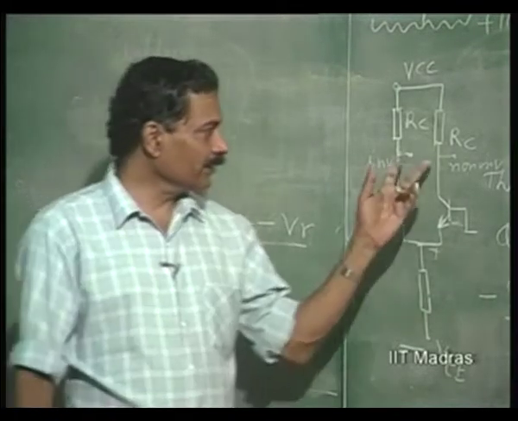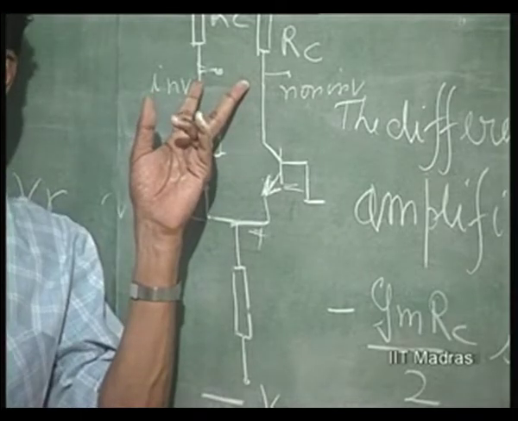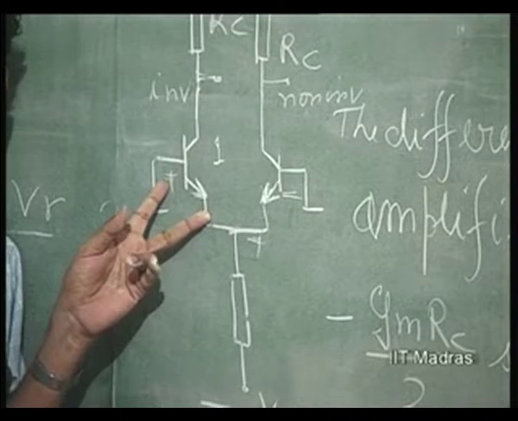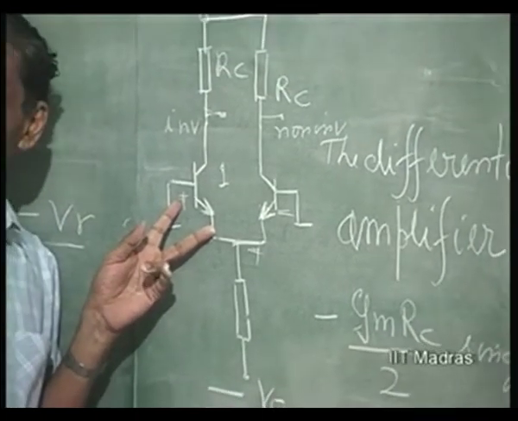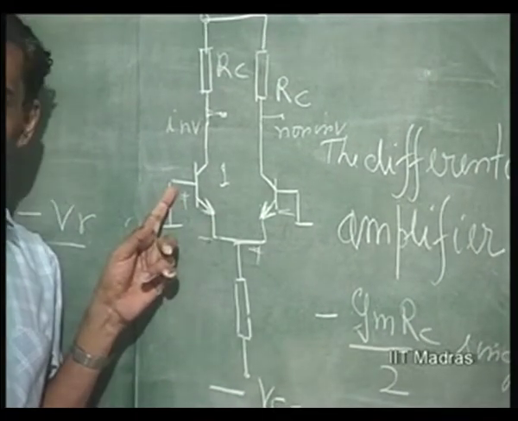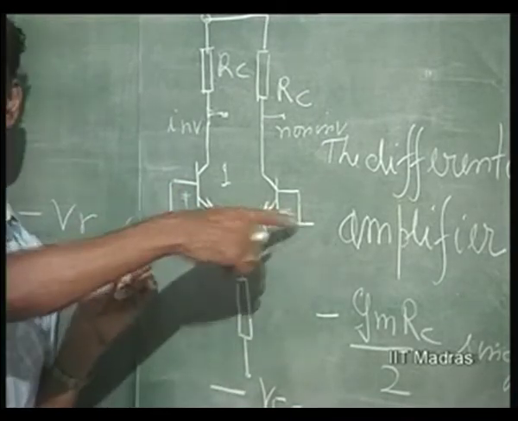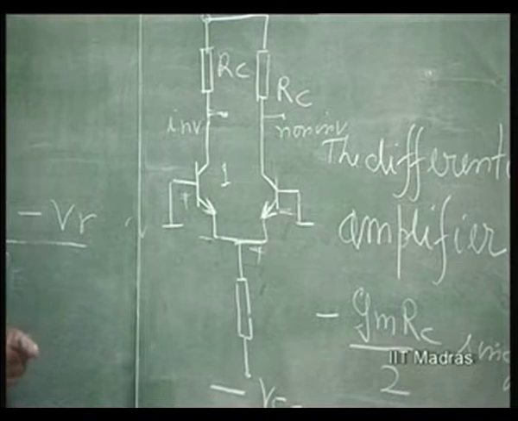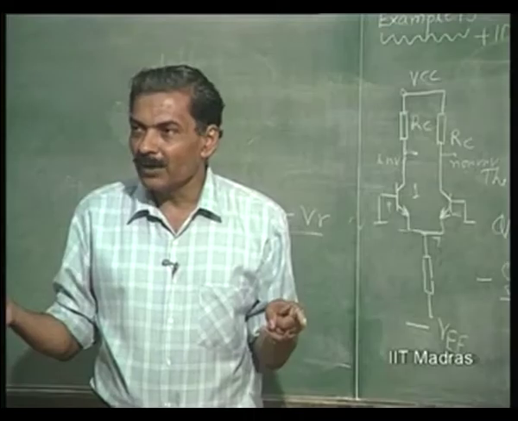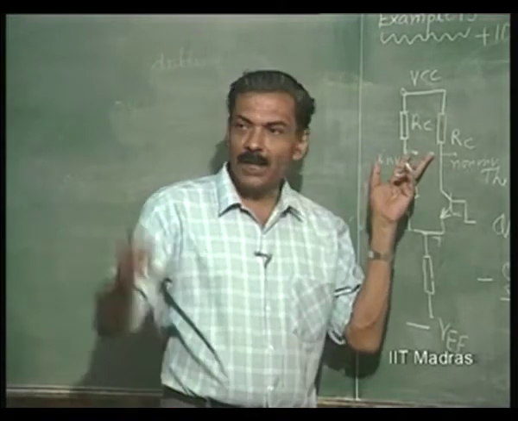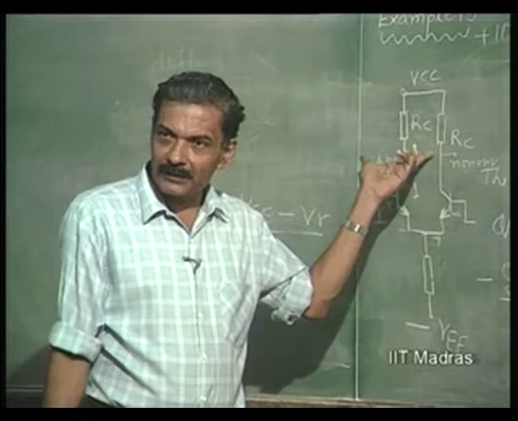That means there is no change in the output voltage, because this is going to appear as what is called common mode voltage to this. If this voltage changes by some amount, this voltage also will increase by the same amount. Effectively, there is no differential voltage change as far as temperature change of VBE is concerned, and therefore this voltage is not going to drift.